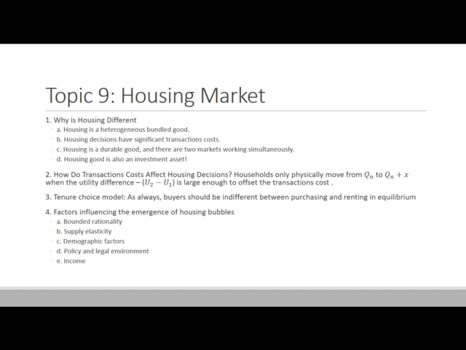And the second key knowledge point of this chapter is how transaction costs affect housing decisions. Because the transaction cost is very high for the housing market, most people wouldn't adjust their housing consumption very frequently, because it's not like other kinds of goods. When you earn more income, you can always try to buy more or buy better.